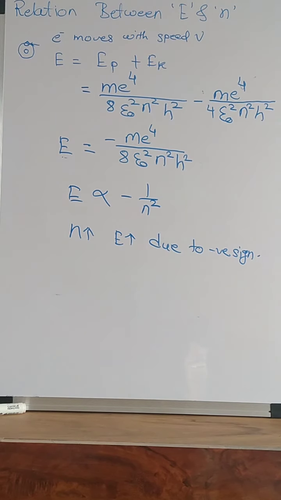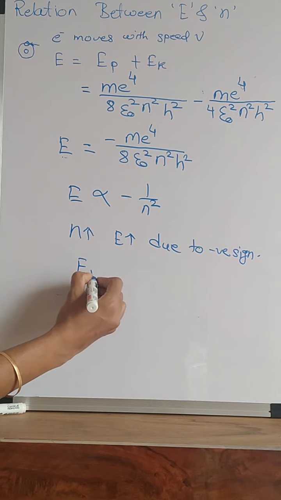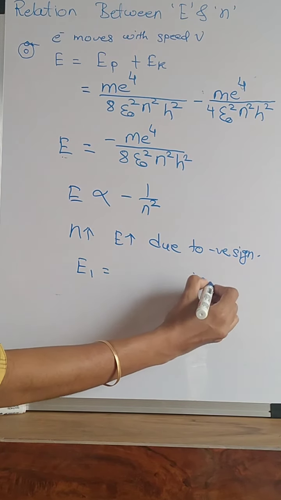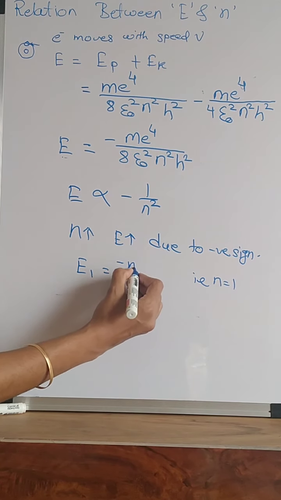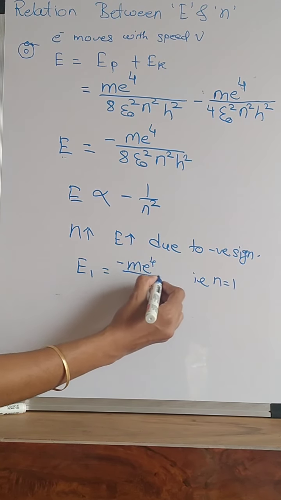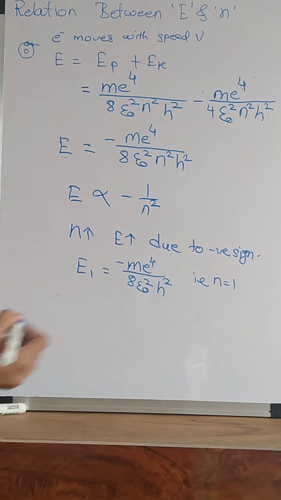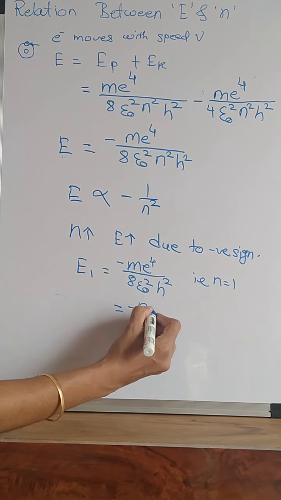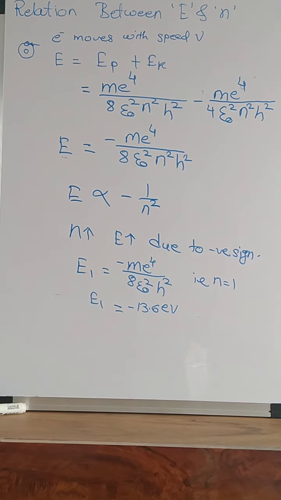We will check this. When we want to find out E1, that is when n is 1, the value will become minus m e raised to 4 upon 8 epsilon naught square h square. If we substitute all the constant values, we will get minus 13.6 electron volt as the value of the first energy level. Now find out E2.